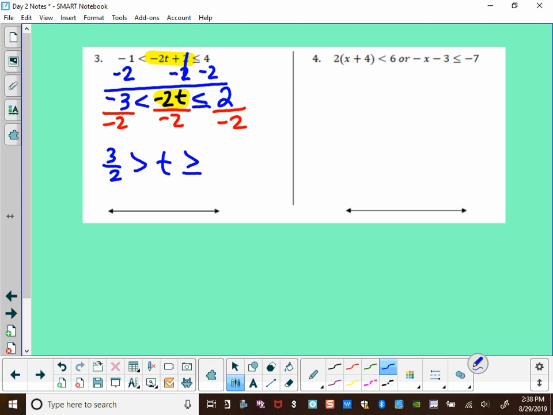I flip my other sign. And 2 divided by negative 2 gives me negative 1. Good. I normally wouldn't have these in order, but it's okay. I'm going to have negative 1 and then positive 3 over 2.